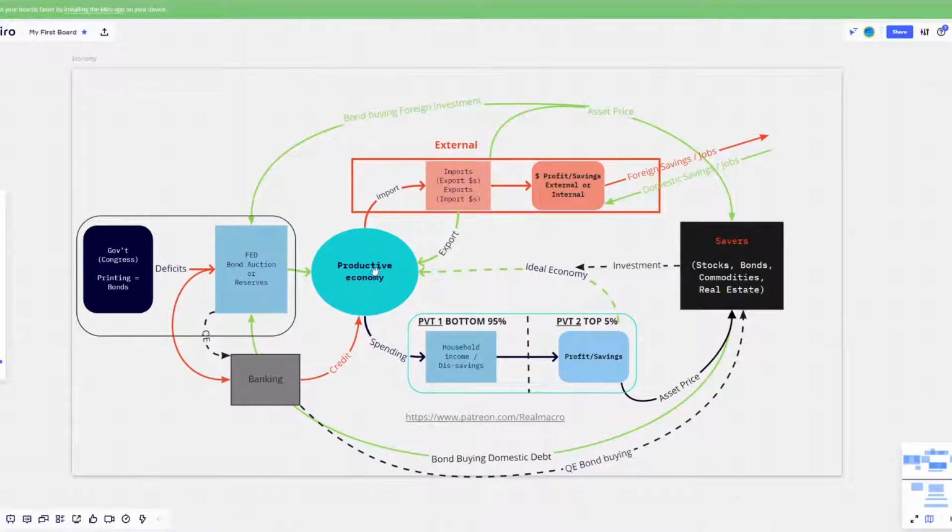Once those dollars are spent, they're going to go through household income savings, right? That's when you spend money, you save. You're saving into profit savings, and then those dollars are going to end up in the stock market. Ideally, you would prefer that those profit savings end up back in the productive economy in the form of investment.